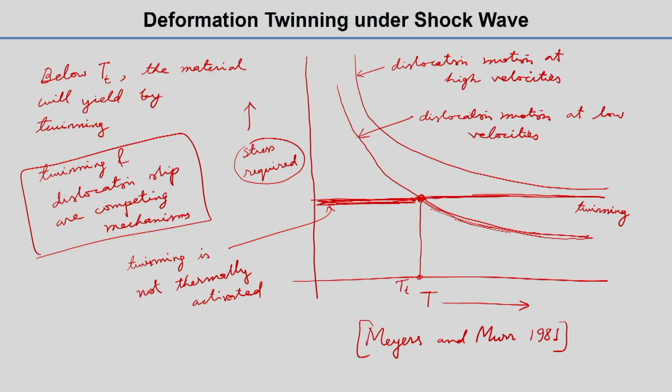And for this dislocation motion at high velocity, what you can understand from that is at high strain rate, so what we are talking about is dislocation motion at high velocities. And if you see this curve, it's probably not intersecting, but probably at high temperature it can intersect the twinning curve. But in this case we are not showing it here. So high strain rate, I would just write HSR for high strain rate and shock loading.